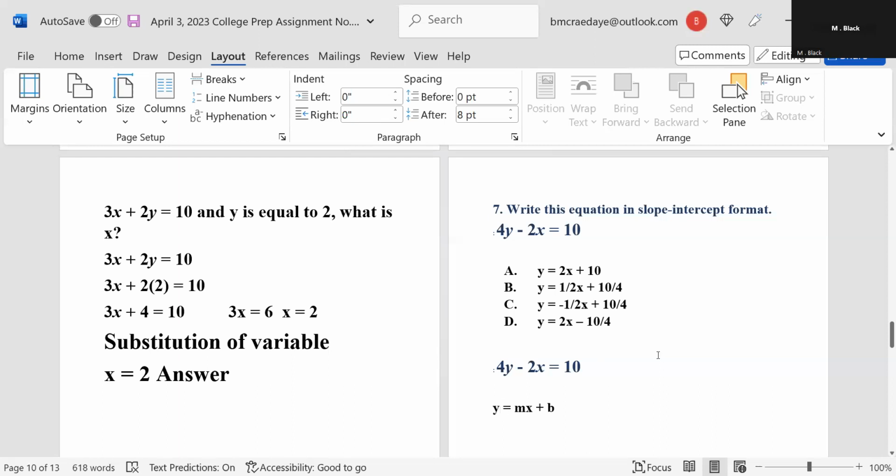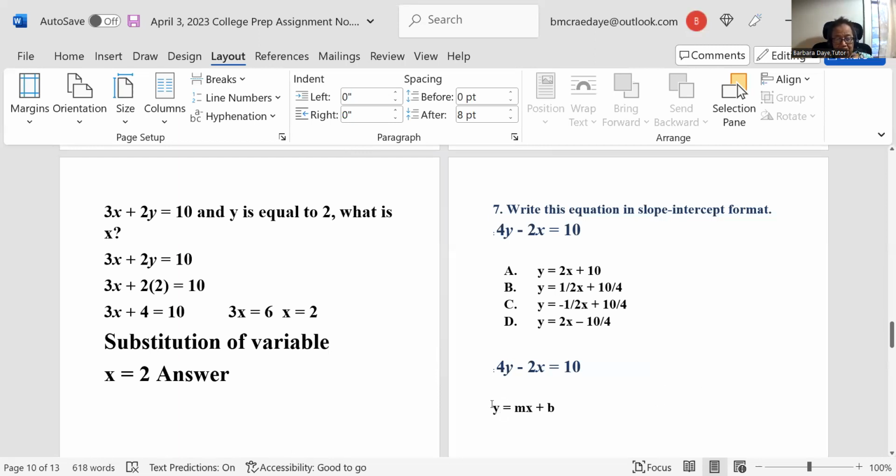What I said is, the minus 2x you need to get on the right side.